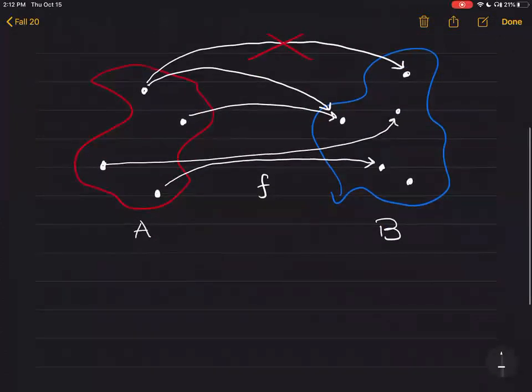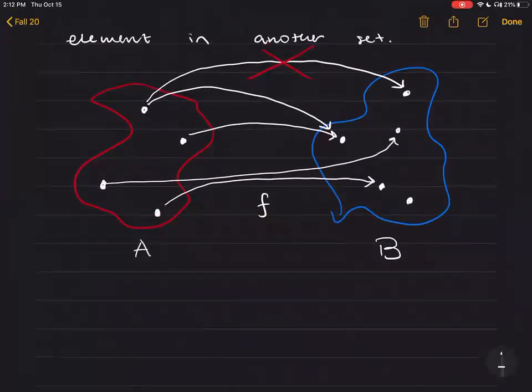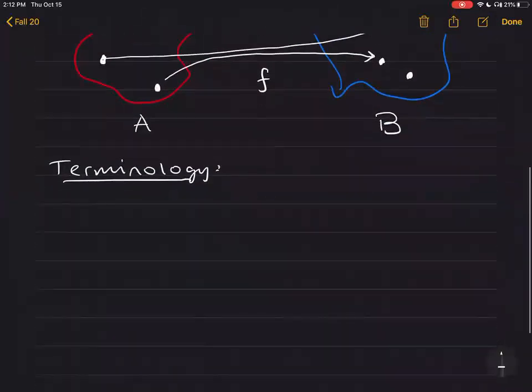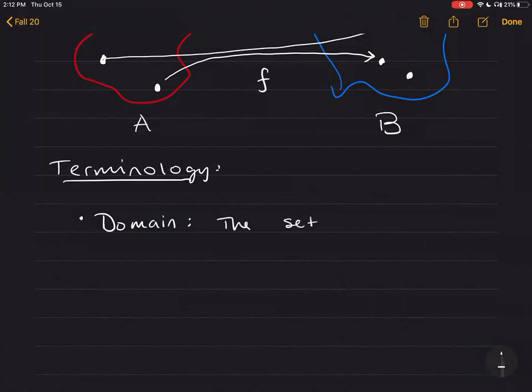And so A and B actually have a name in function terminology. The first word is domain. The domain is the set that we start in.